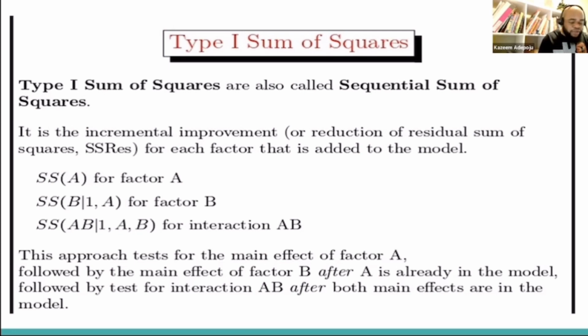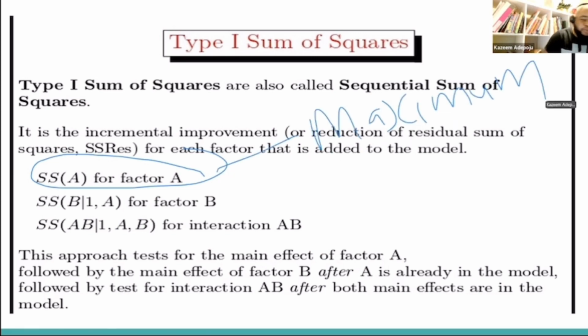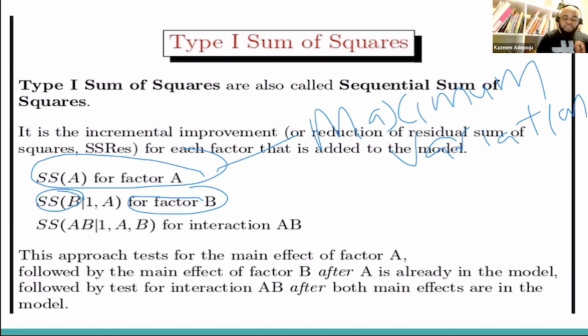The reason is that, when you are working with a two-way ANOVA and you have factor A, factor B, and factor AB, factor A is the one that gets the maximum amount of variation. Of the remaining variation, the maximum is then assigned to B. Then the maximum of what remains is assigned to interaction.